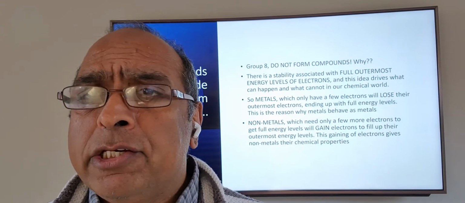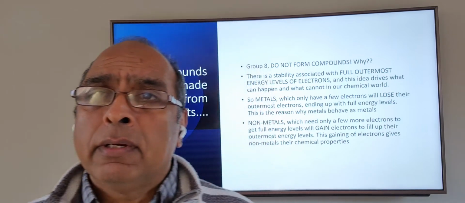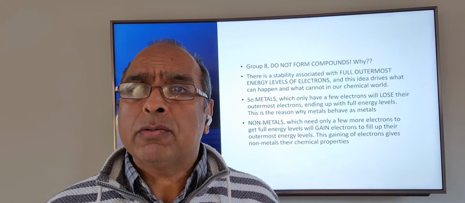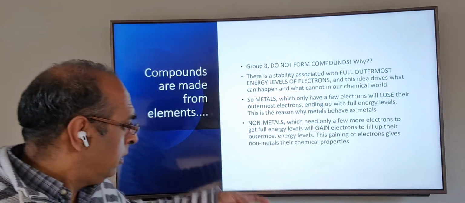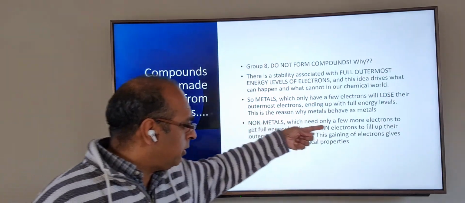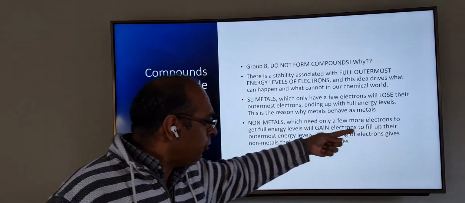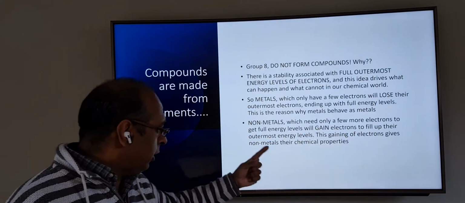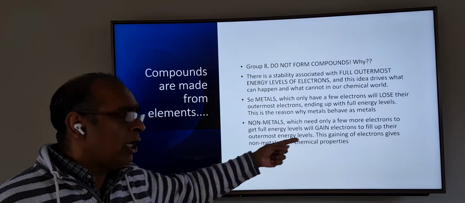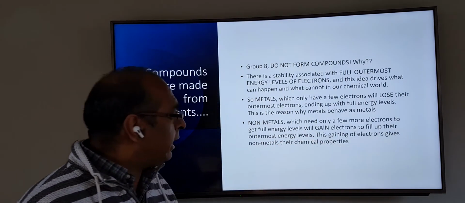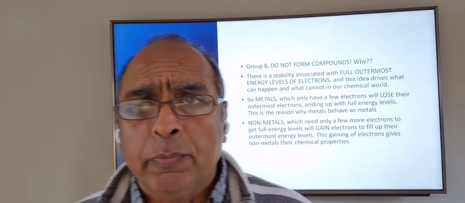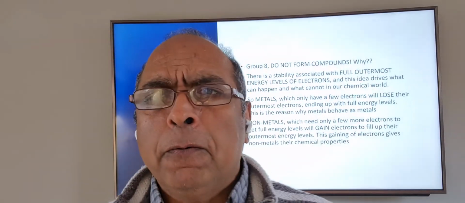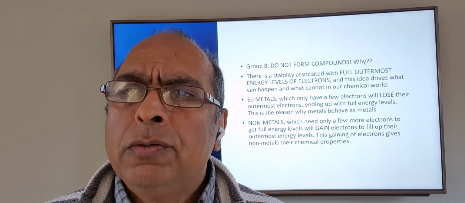And there's stability associated with that. So non-metals will need only a few more electrons to get full outermost energy levels. They will gain electrons to fill up their outermost energy levels. The gaining of electrons gives non-metals their chemical properties. So metals lose electrons.